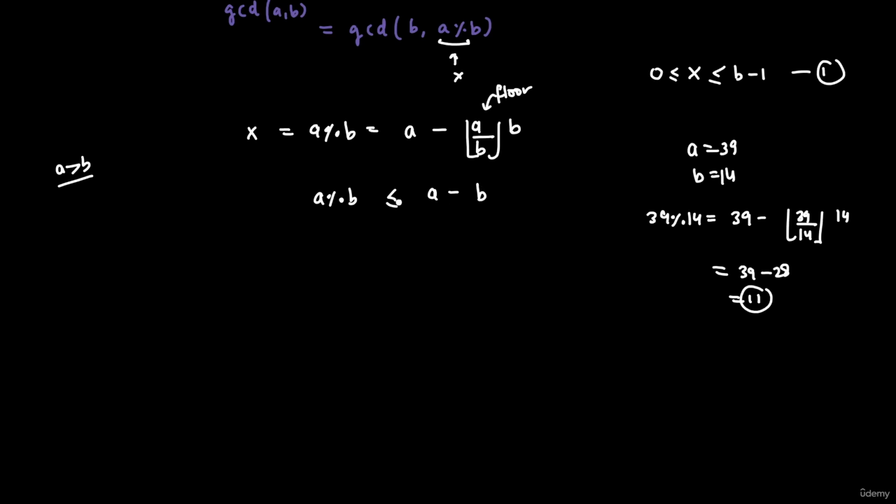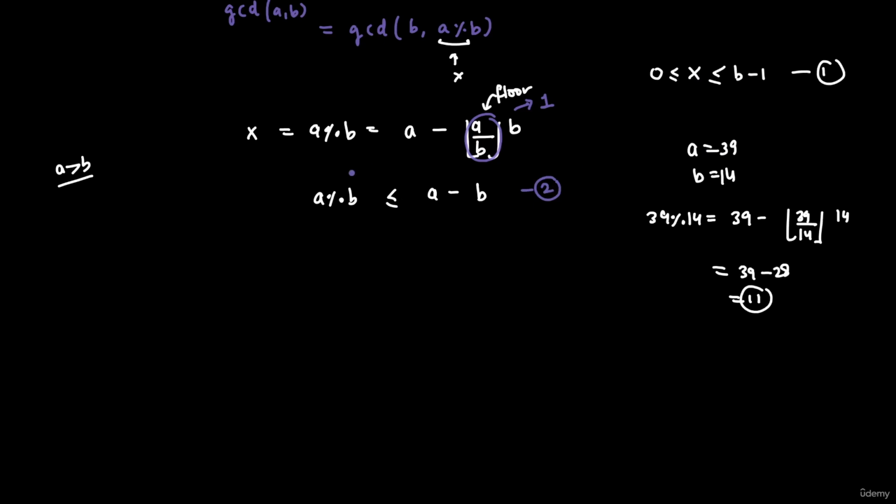So the minimum value of this term is 1, and if the value is 2, then a modulus b would be less than a minus b. So this is equation 2.